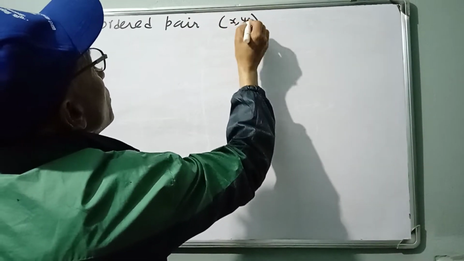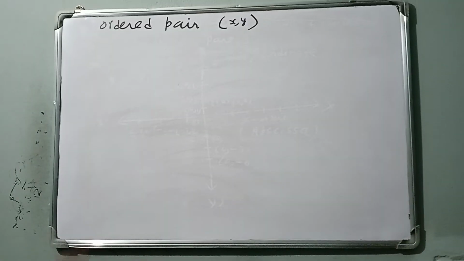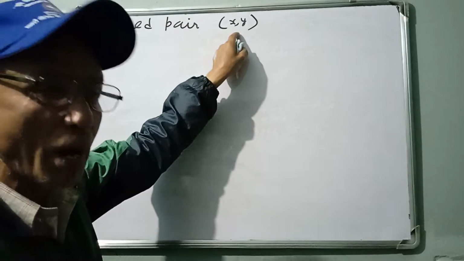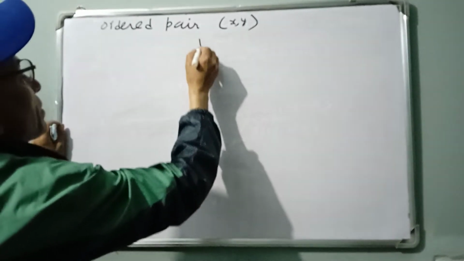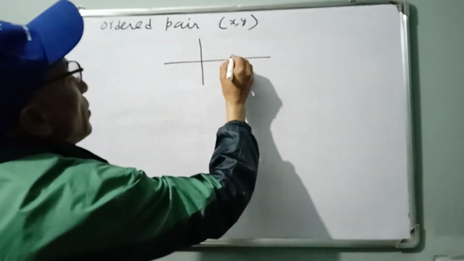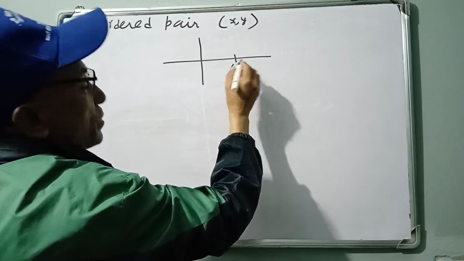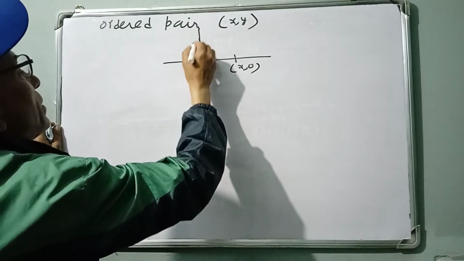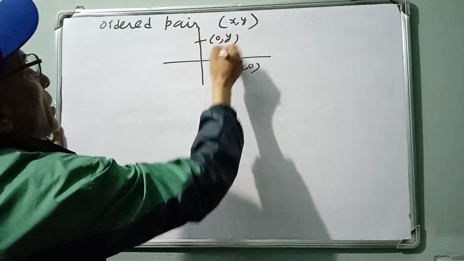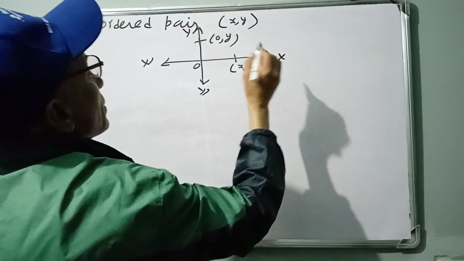X and y are included within small brackets, and you cannot change the order of an ordered pair. See, on the x-axis, what is y? On the x-axis, it is denoted by (x, 0). On the y-axis, any coordinate is (0, y).